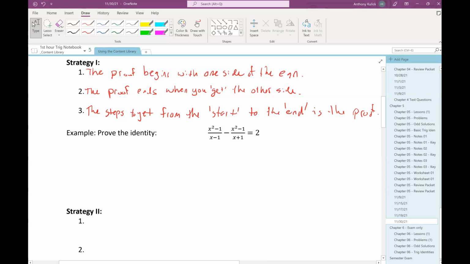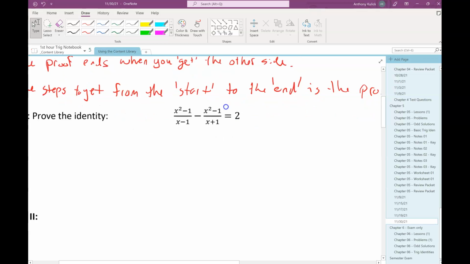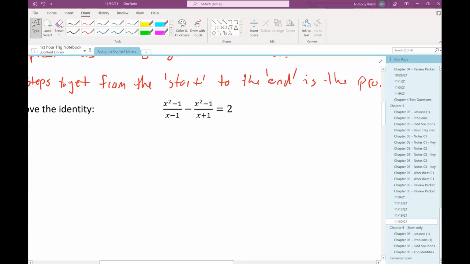So on this one, it should be pretty clear which side is the more complicated side. If I look at this example, it's the left-hand side. You guys agree with that? Okay. So if I look at this left-hand side, somehow I need to change that into 2.